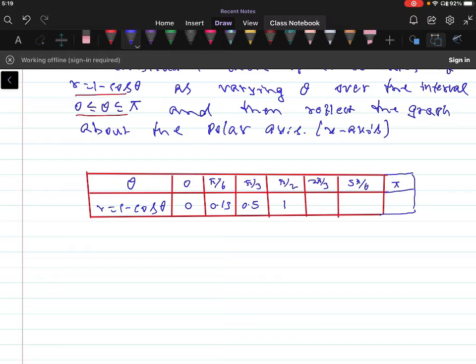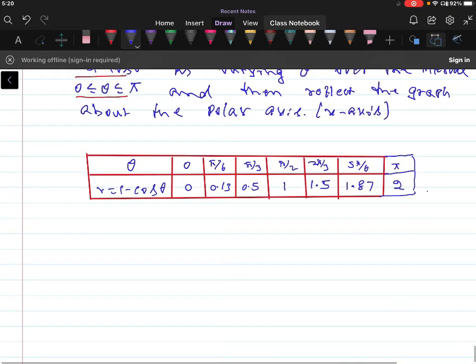When theta is equal to 2 pi by 3, 1 plus 0.5 is 1.5. When theta is equal to 5 pi by 6, the value is 1.87. When theta is pi, cos pi is minus 1, so 1 plus 1 is 2. So these are the values of r corresponding to the values of theta from 0 to pi.